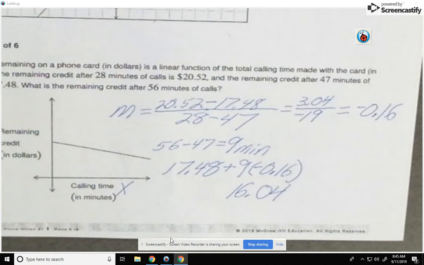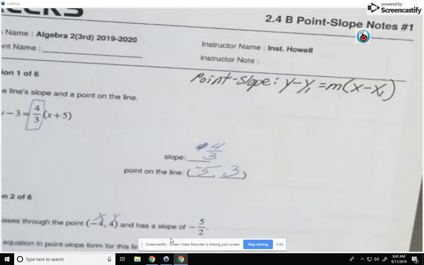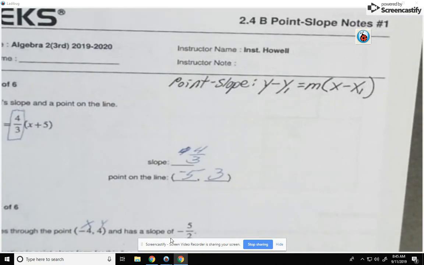That was the notes for section 2.4B, point slope.